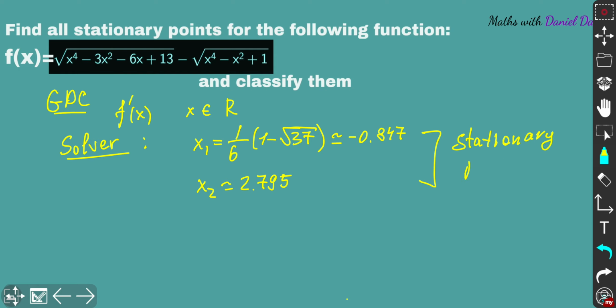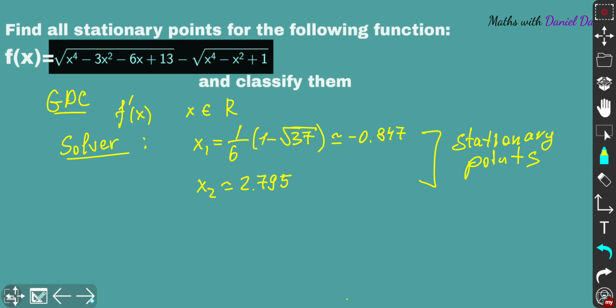And now we need to do further research about the stationary points. So we need to estimate what we have at those points for our function, whether it's a maximum, a minimum, or just a point of inflection.